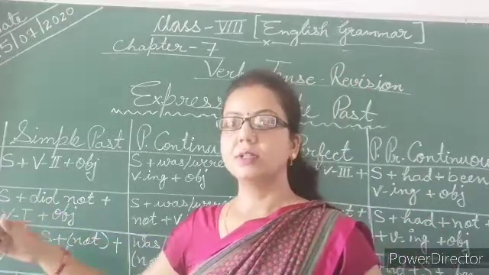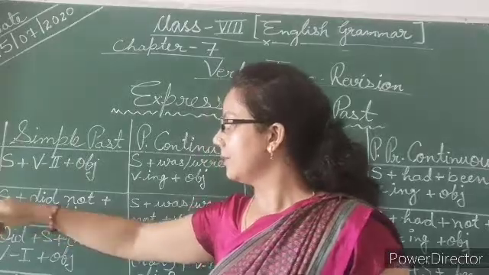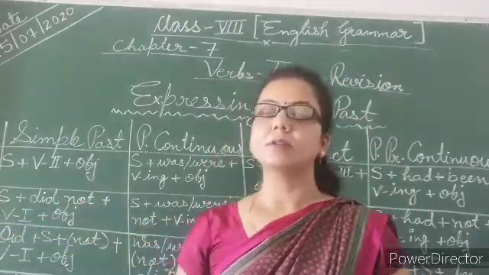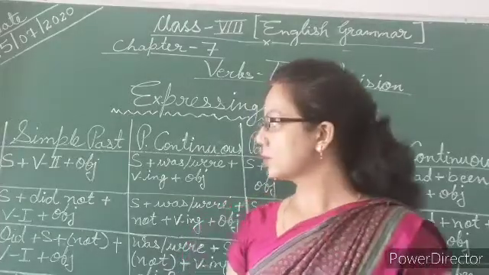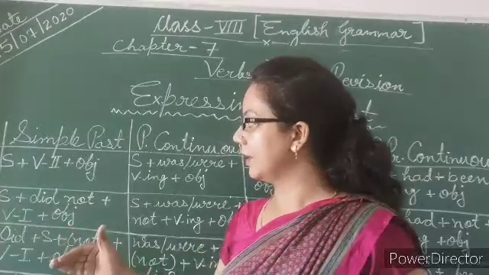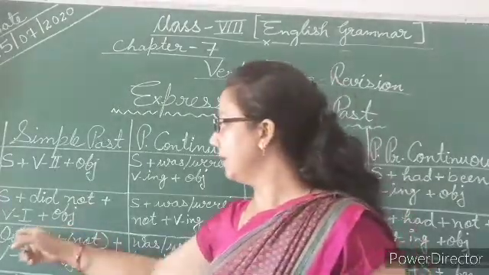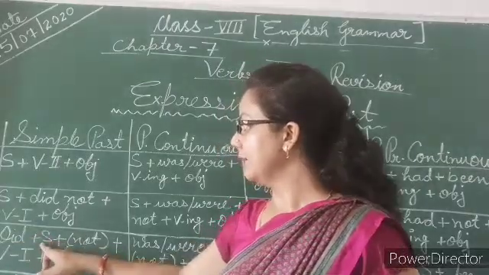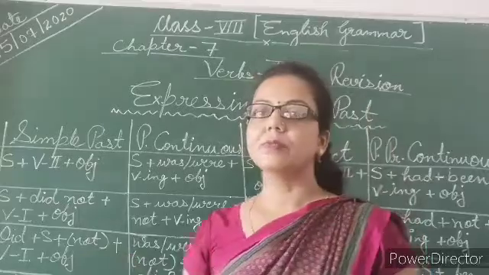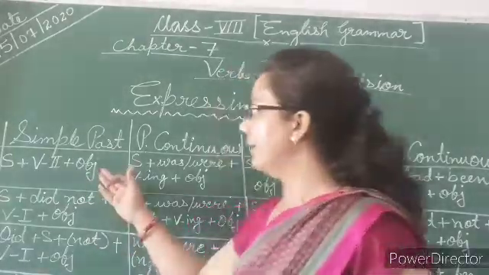So our structure is: subject plus did not plus verb first form plus object. And for interrogative, just put the word did at the start: did plus subject plus verb first form plus object.